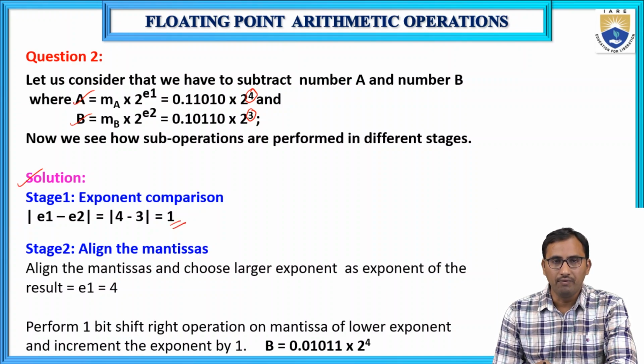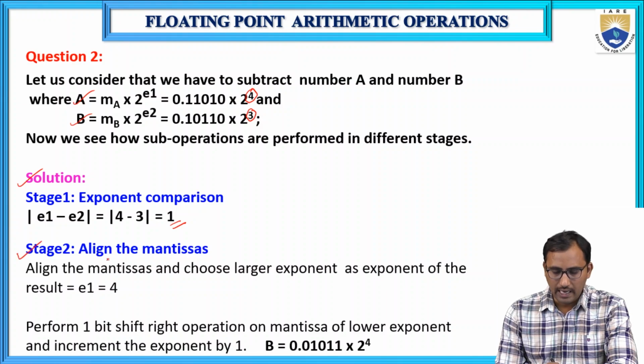That means we need to choose the smaller exponent number and perform a 1-bit shift right operation, so that the lower exponent value will be incremented by 1, so that 3 becomes 4, and the exponents of the two numbers will be equal. Then we can perform the subtraction.